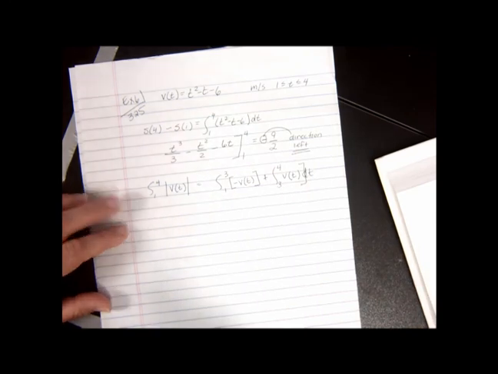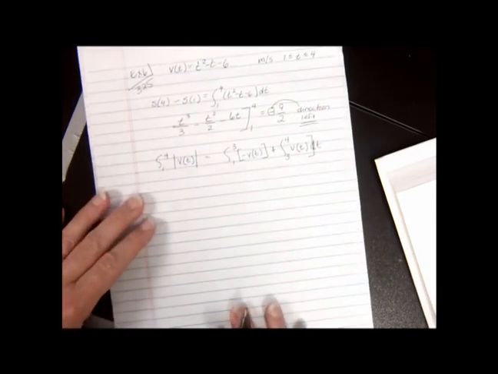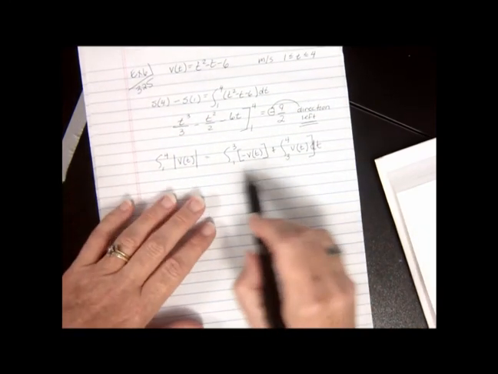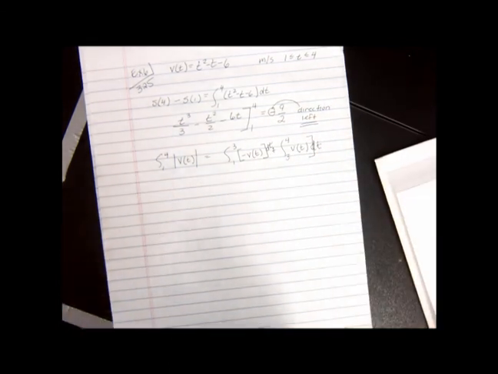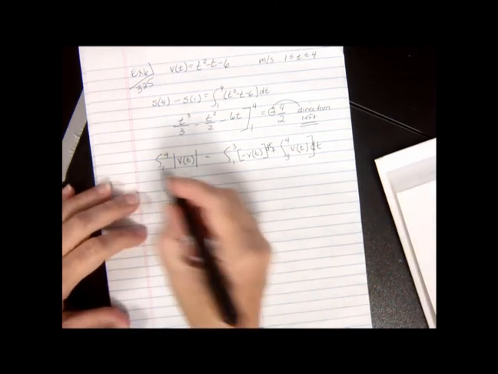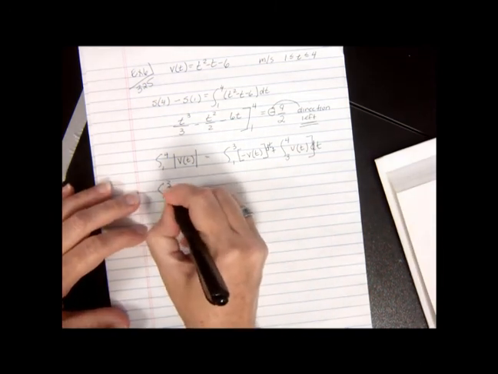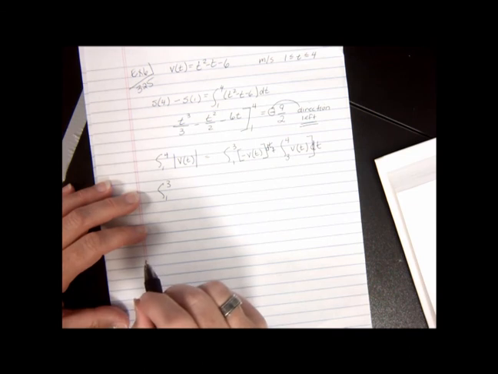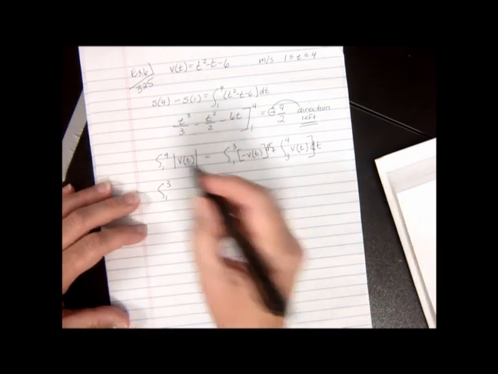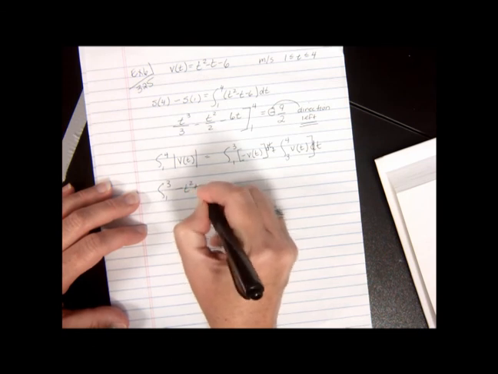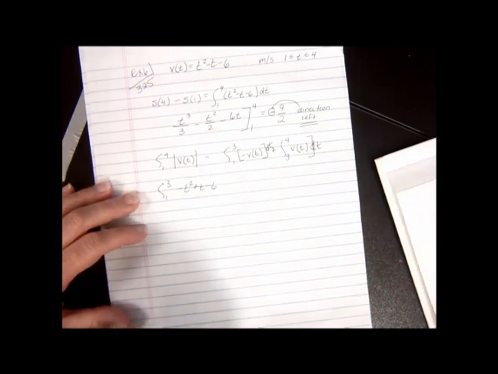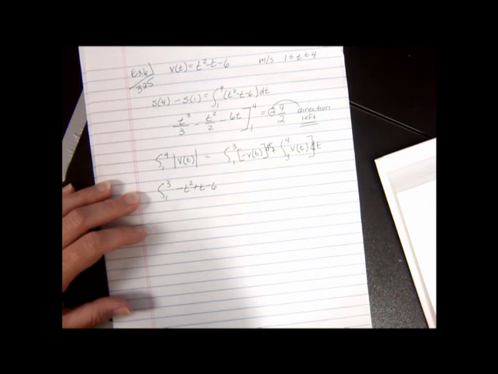So I'm doing two separate integrals here. And again, this is dt. There I go with my notation again. I'm going to look at from 1 to 3, and this is the negative velocity function. So I have negative t squared plus t minus 6 when I take my negative values through.